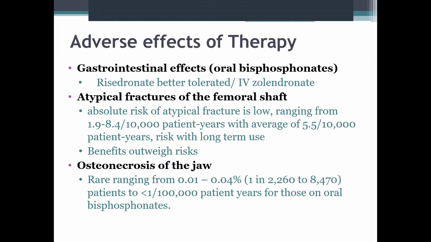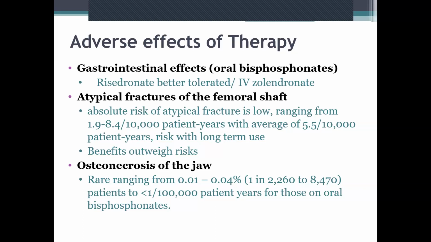So this is the other concern with prolonged use of bisphosphonates. Atypical fractures of the femoral shaft. So again, if you've been using anti-resorptive agents for more than 5 years, then there's always a question as to whether your patient would be at increased risk for atypical fractures. But we must weigh the risks and benefits of therapy.